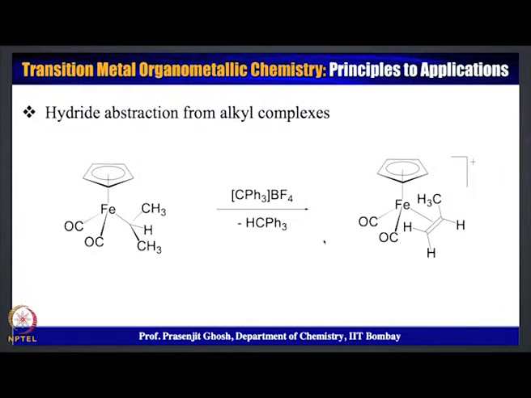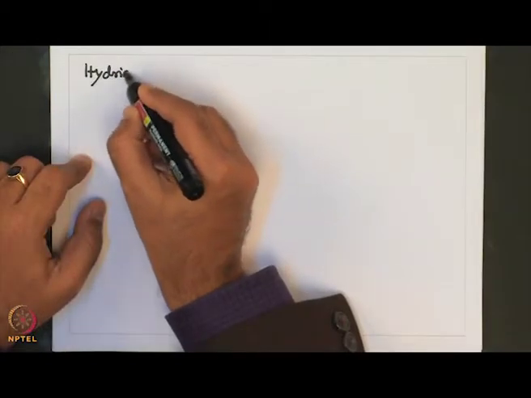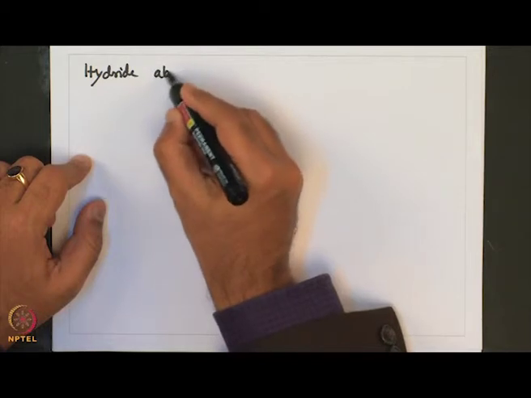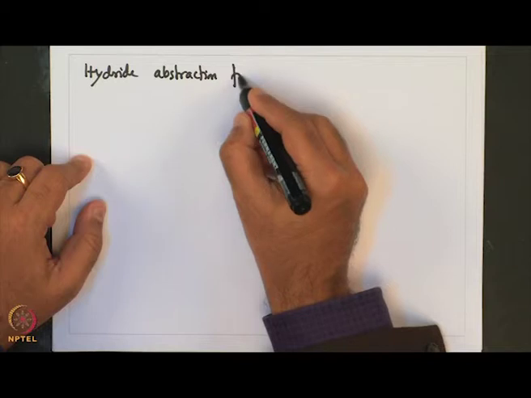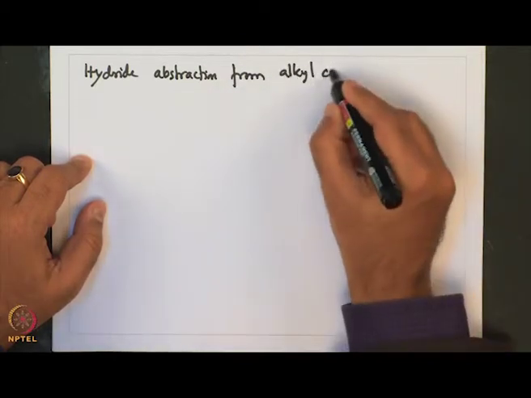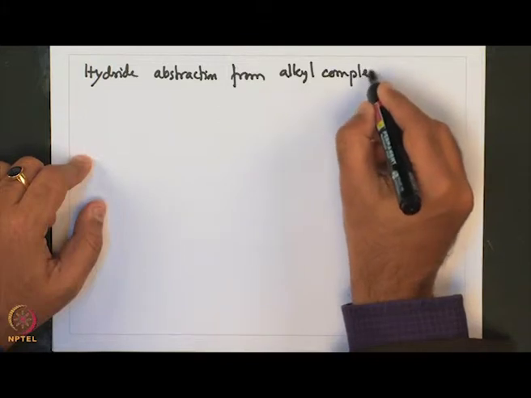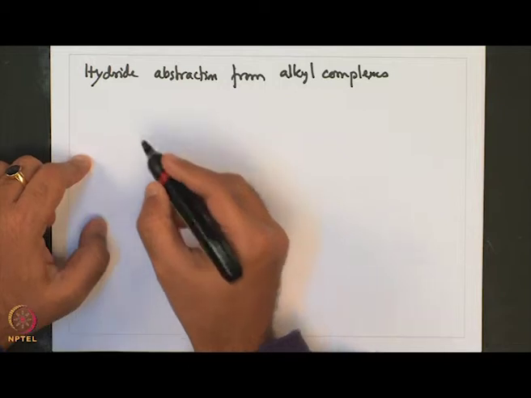Hydride abstraction also provides a useful method for synthesizing these olefin complexes from metal alkyl complexes. So, hydride abstraction from alkyl complexes leads to the transition metal olefin complex.